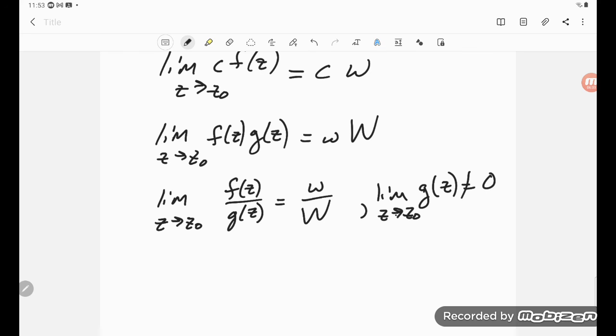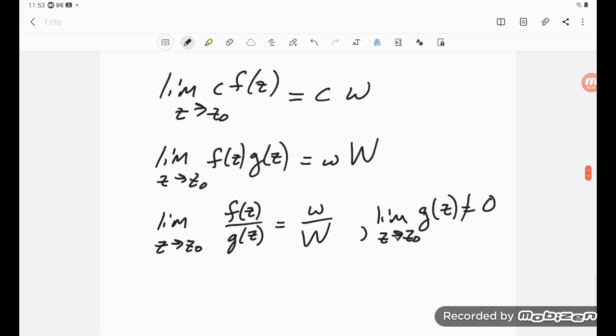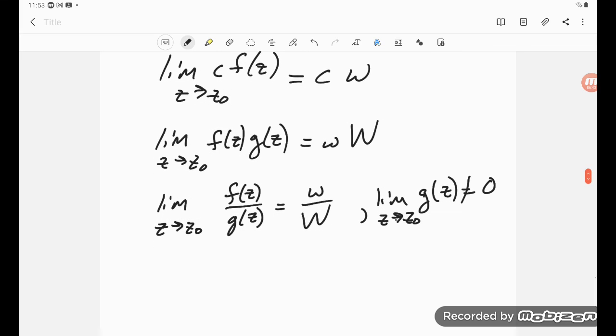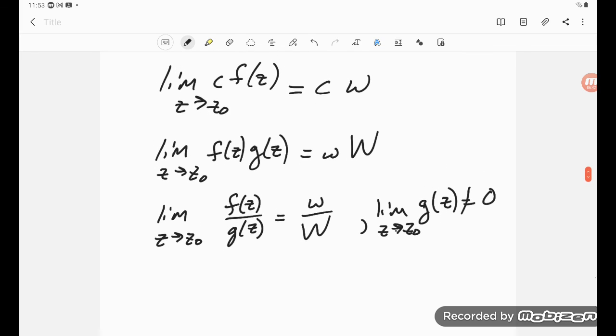So those are our limit laws that we know and love, and so those are just like what we had in calculus.